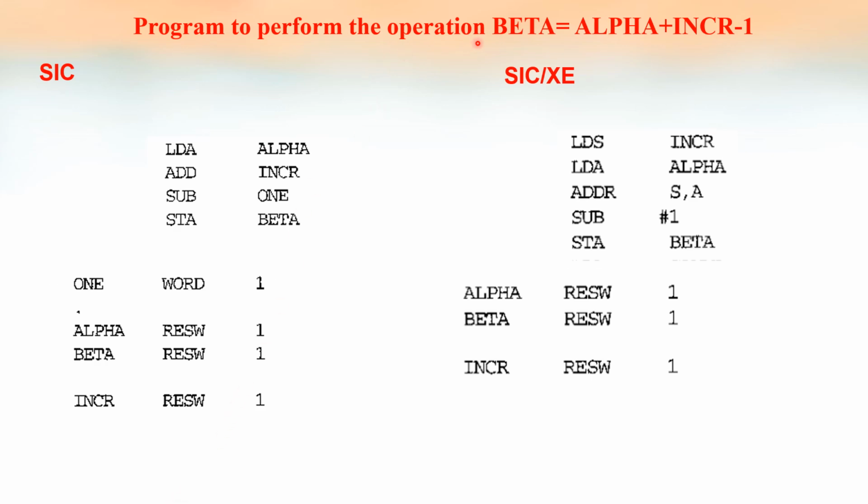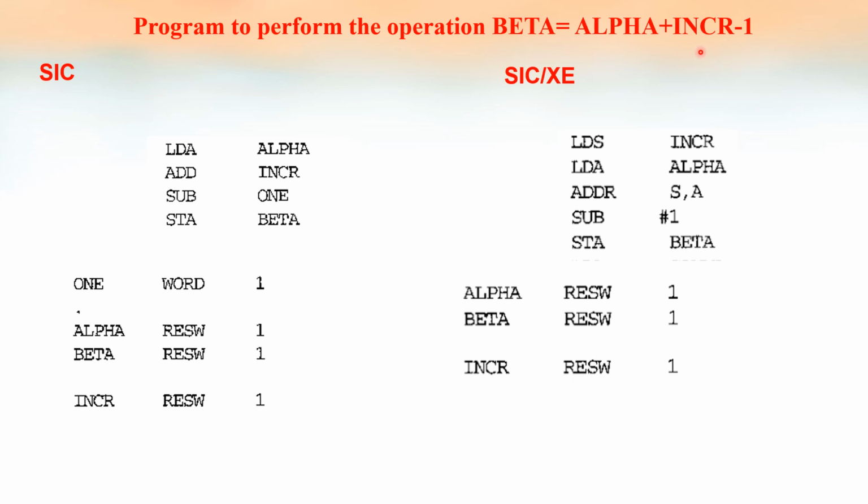Program to perform the operation beta equal to alpha plus INCR minus 1. Here these all are integers. We have to add alpha and INCR and subtract 1 from the result and store the answer into the memory location beta.